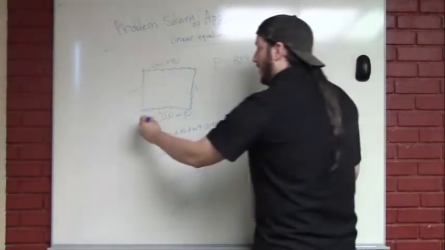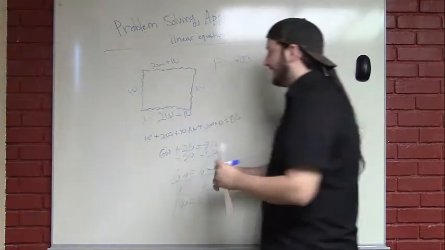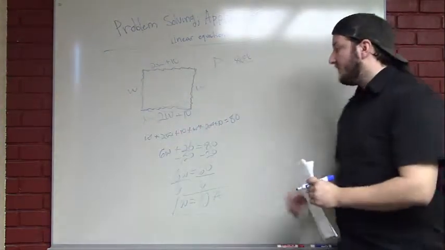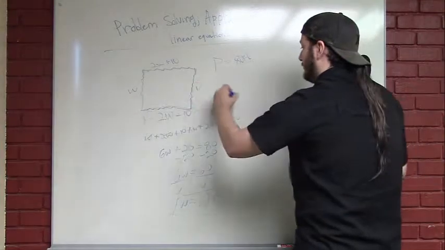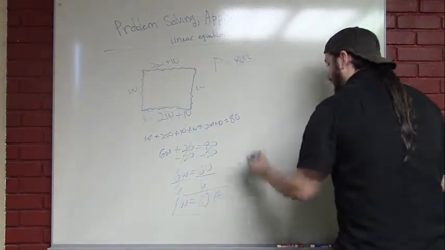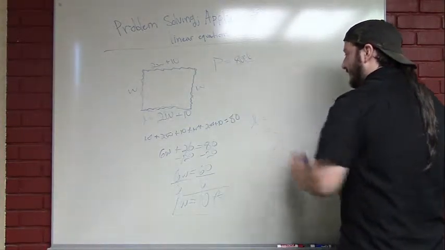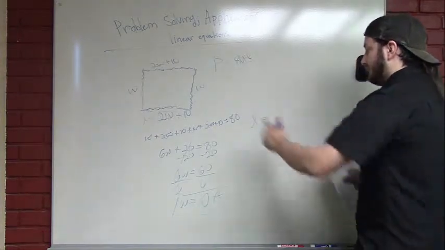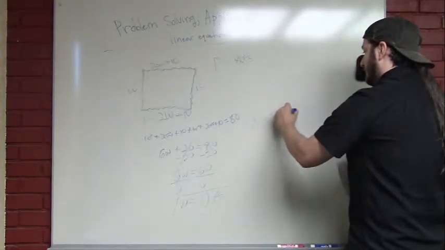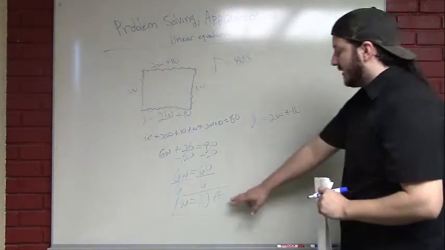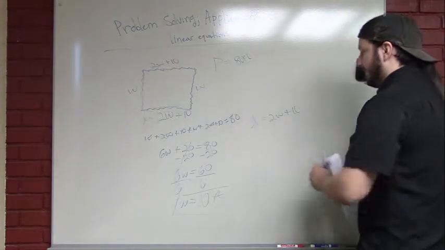Now remember, our length is 2W plus 10. To find your length, you take the W you found, the width, and plug it in.